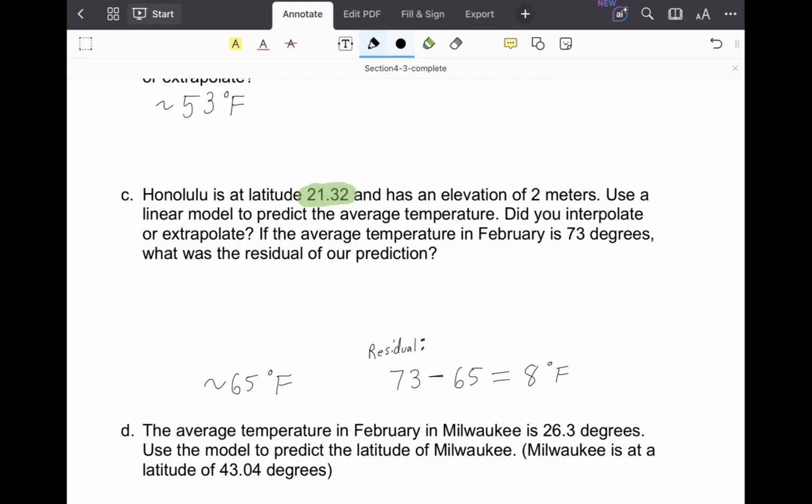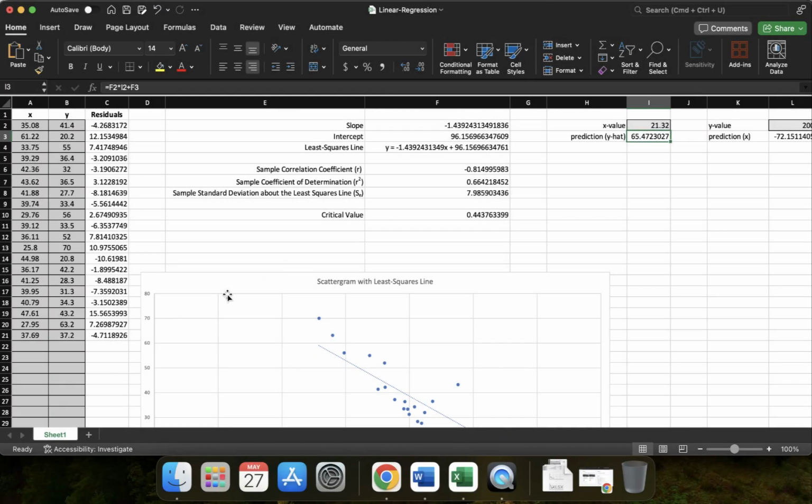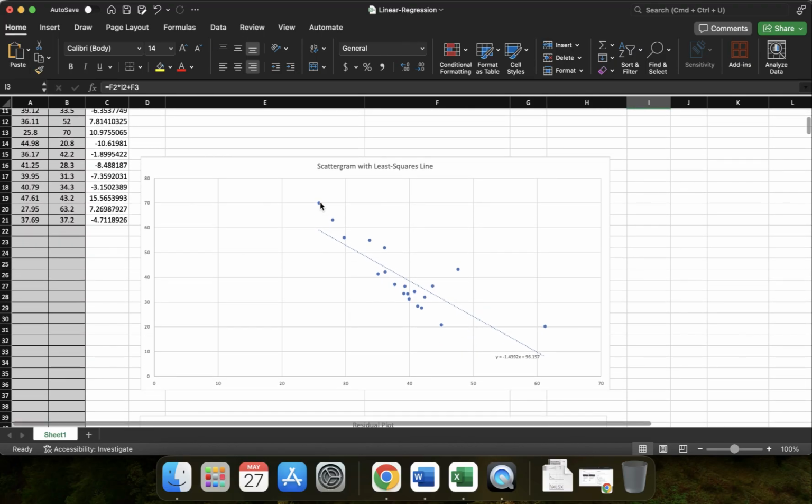Okay, now I think we skipped a question. I just noticed here. Interpolate or extrapolate. And in this case, we actually did extrapolate because that 21.32 is lower than our smallest one here.